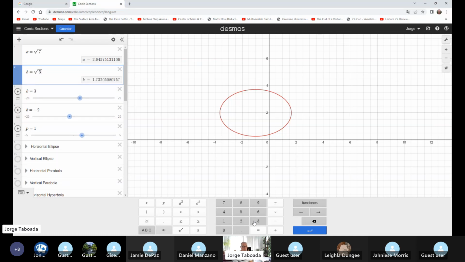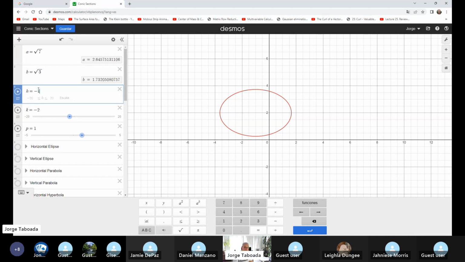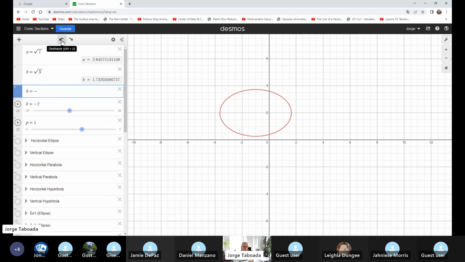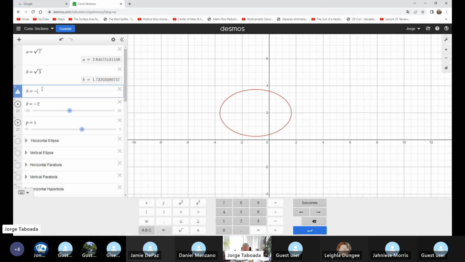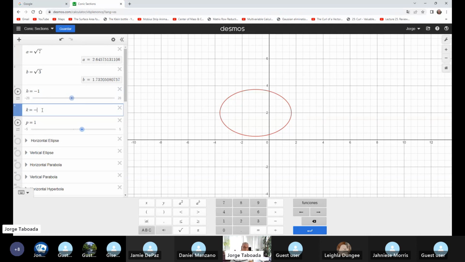And what about h and k? h is -1. Suppose you make a mistake, no problem, you click here on the dot and it automatically changes. -1 is h, and positive 2 is k.